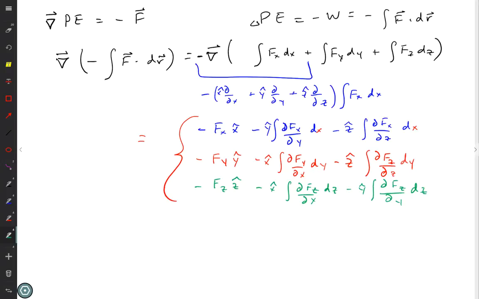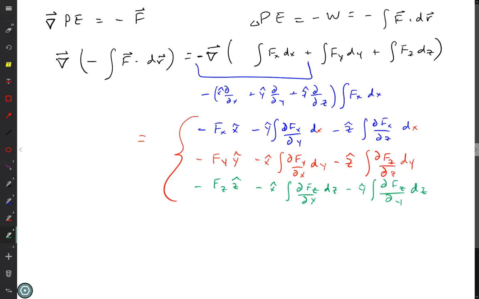The first one was f of x dx, so that's why it had to be dx for all of them. Okay, the question that you asked me was, how do we get the y hat, the x hat, and so on? But your last one is still an x hat. Should that second term be z? Yeah, this one here is z. These should be x hat and y hats. This one here is z hat out front.